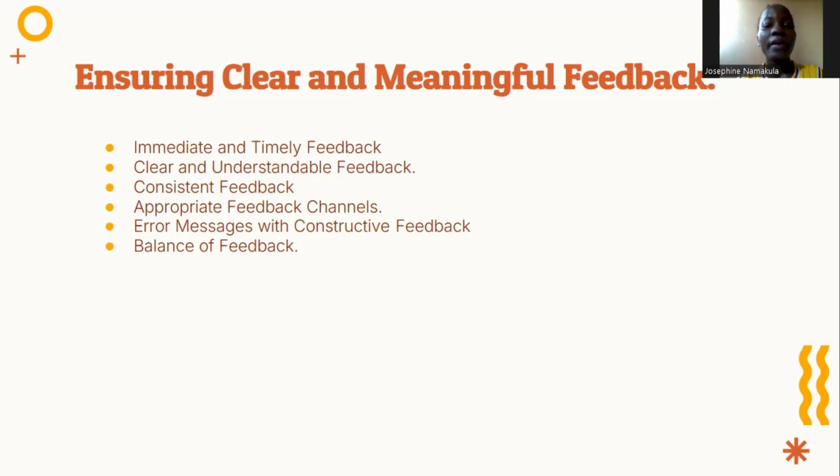There is also balance of feedback. We do not have to overwhelm users with too much feedback, because sometimes it can bias them or it can become distracting or annoying.